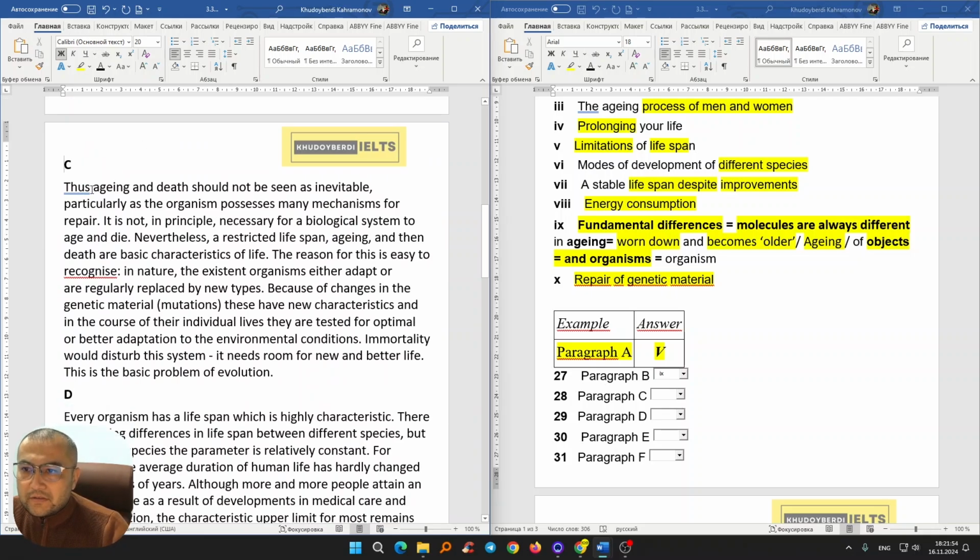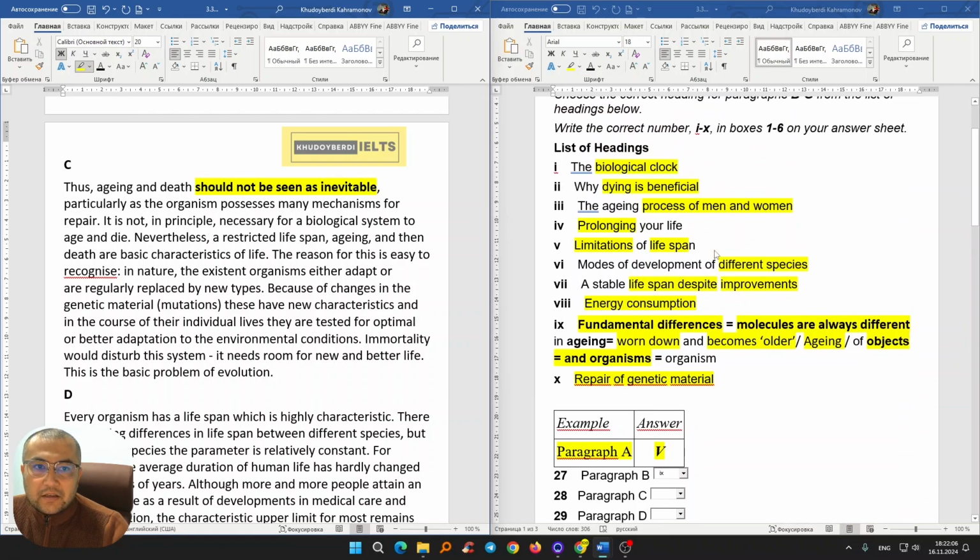So thus aging and death should not be seen as inevitable, right? Aging and death should not be seen as inevitable, particularly as the organism possesses many mechanisms for repair. It's not in principle necessary for a biological system to age and die.